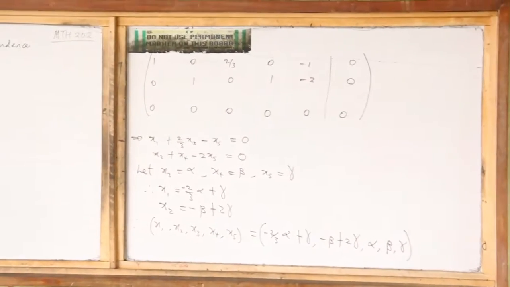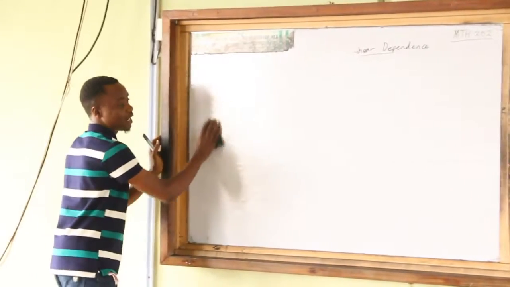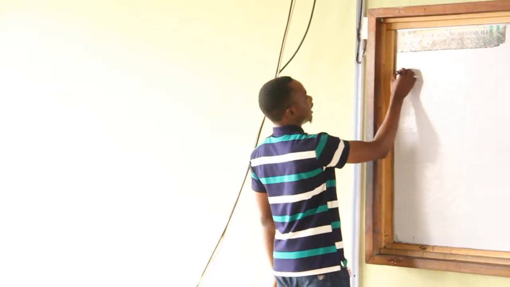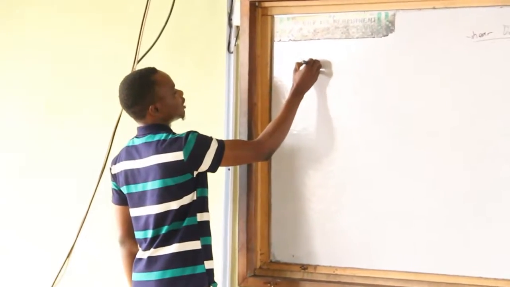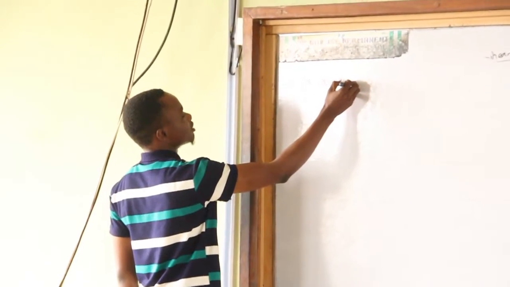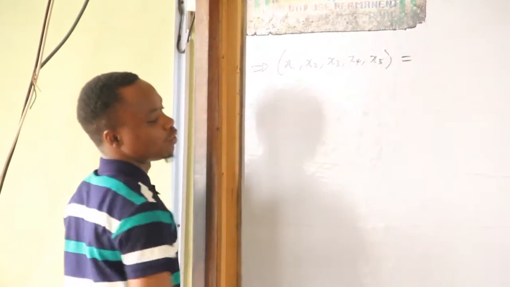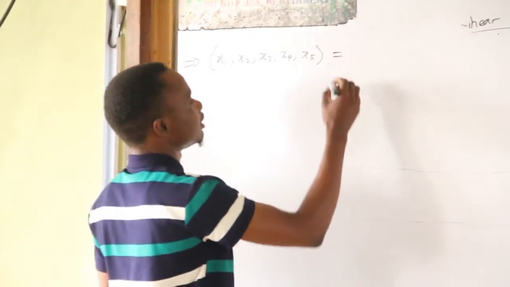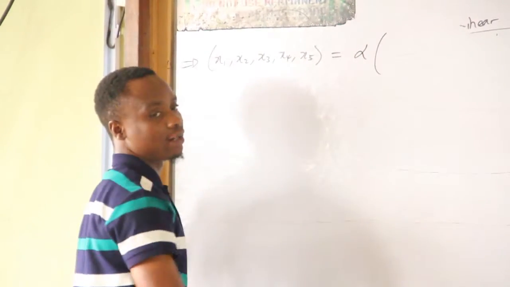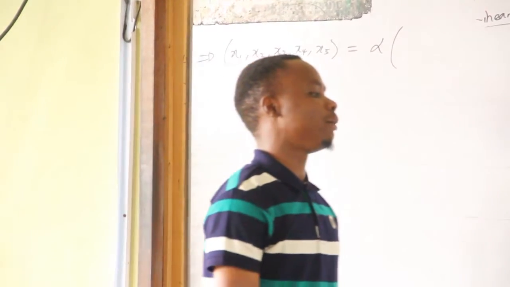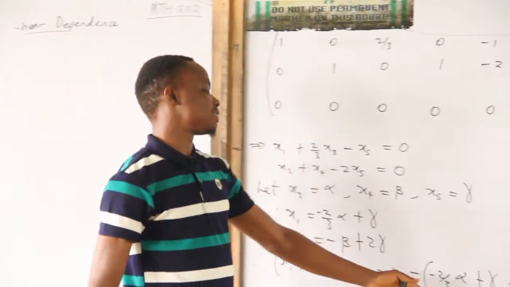Please pay attention to this. The parameters we have here are alpha, beta, and gamma. So based on this, I can say that x1, x2, x3, x4, x5 is going to be equal to alpha times minus 2 over 3. Alpha is the first parameter, so I take out alpha from here and write other things in terms of alpha.